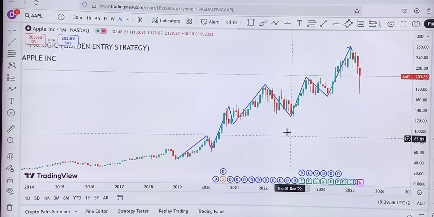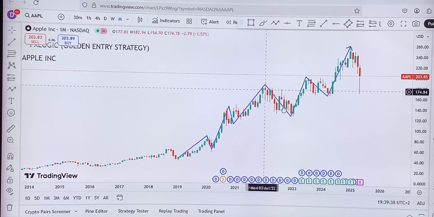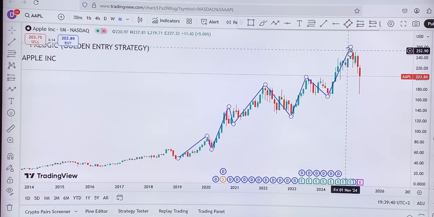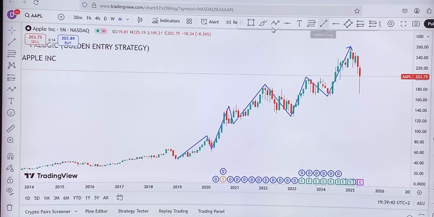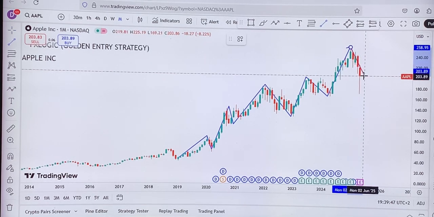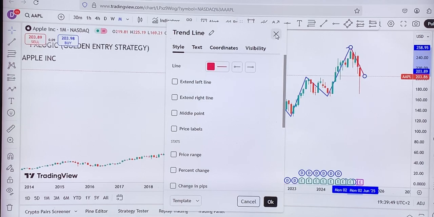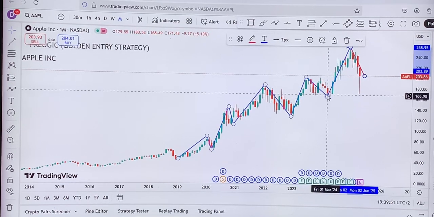Why do we say so? Because price has currently been making higher highs and higher lows, higher high. So we can also call this a possible higher low. Yes, why? Because it is not lower than this.